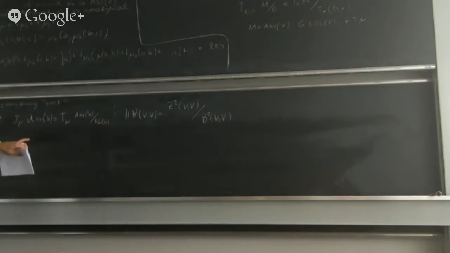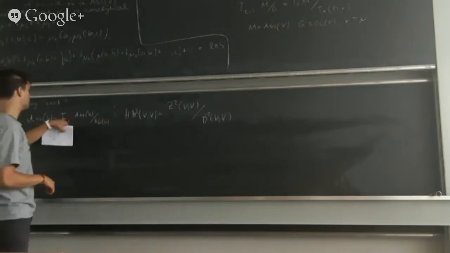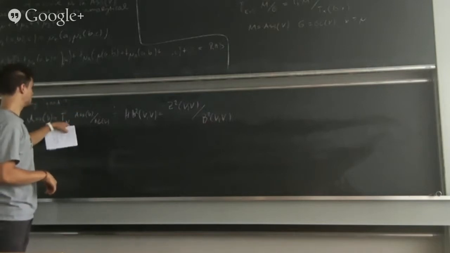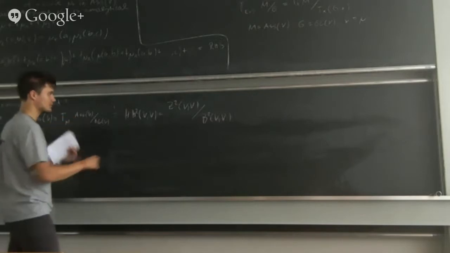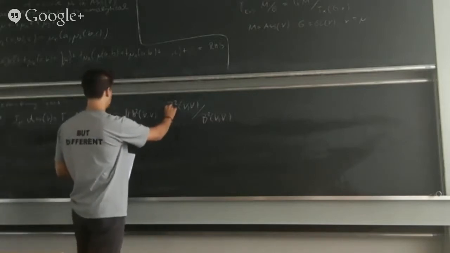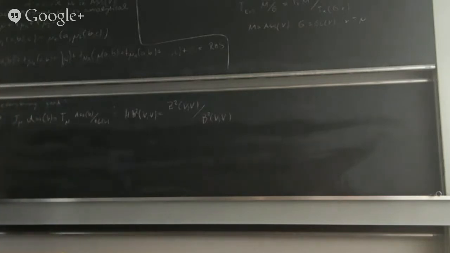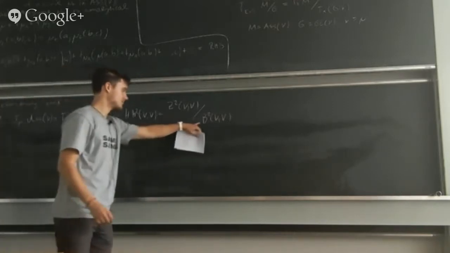So in our case, since we already know that the tangent space to mu at the associated algebras corresponds to that term, we only have to show that the tangent space to the group times mu is equal to that term.